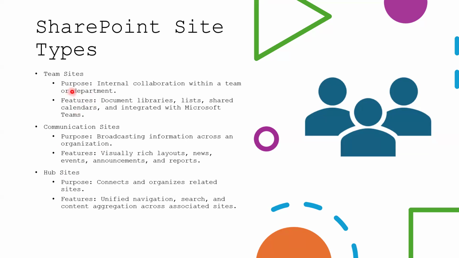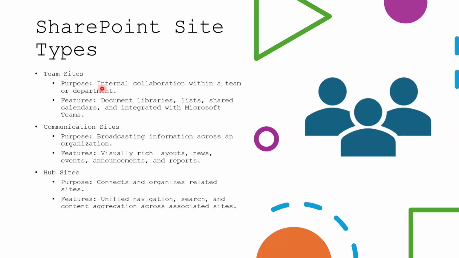The main purpose of the team site is that it can be created for internal collaboration within a team or a department. For example, if you have a development team for Java or SharePoint development, you can create a team and add all the team members, and then you can communicate, share a file, or post project key information in that chat.